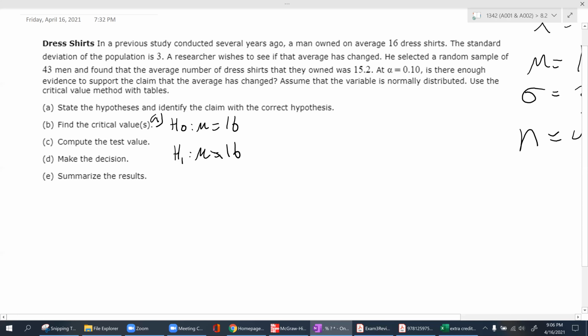For B, let's go ahead and find the critical value. Since I'm dealing with a two-tailed test, whatever value I get is going to be plus or minus. So here I have 1 minus 0.10.